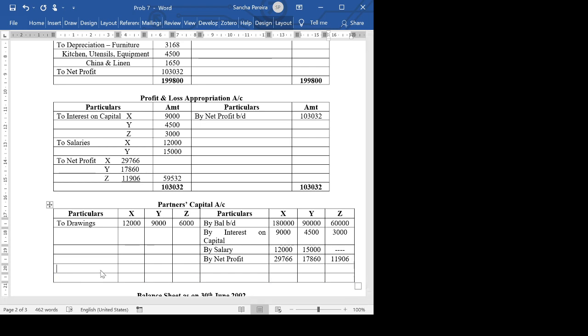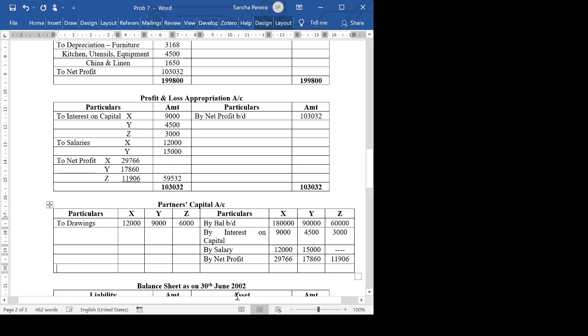So what is this going to give us now? This is going to give us a final new capital. The total here comes to 1,80,000 plus 12,000 plus 9,000 plus 29,766, which comes to 230,766.